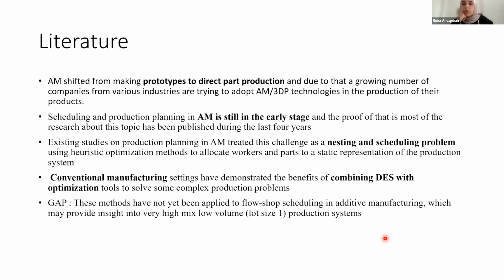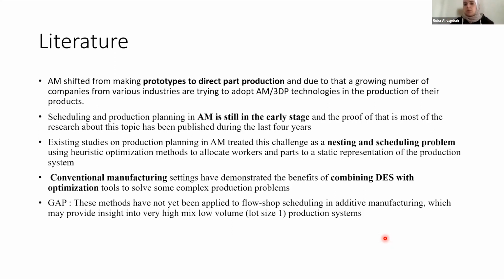Most of the research done in additive manufacturing is on the nesting and scheduling problem. It's about how to use an optimization algorithm to put the parts inside the building unit, inside the printer. The orientation of the part is very important, and if you put the orientation differently, that affects the processing time.